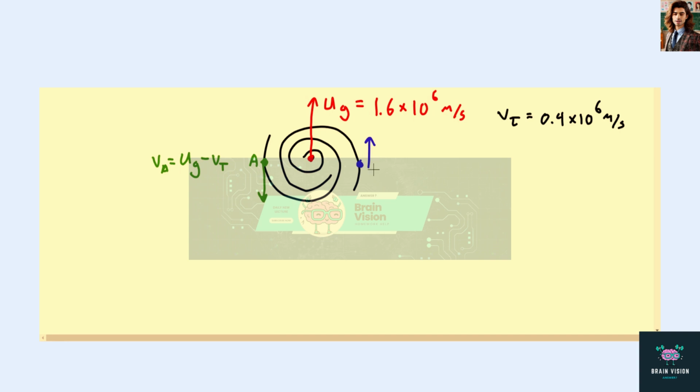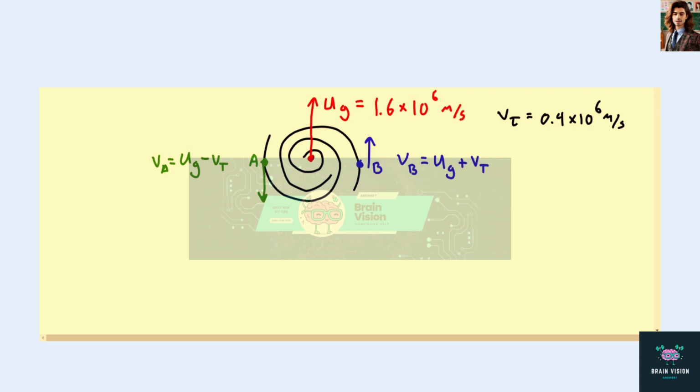Over here at point B, its velocity, VB, is going to be equal to the velocity of the galaxy plus the tangential velocity. Since they're moving in the same direction, those velocities add up. So this point B is moving more quickly away from the Earth, while point A is moving more slowly away from the Earth. But in any case, their overall motion is still away from the Earth.